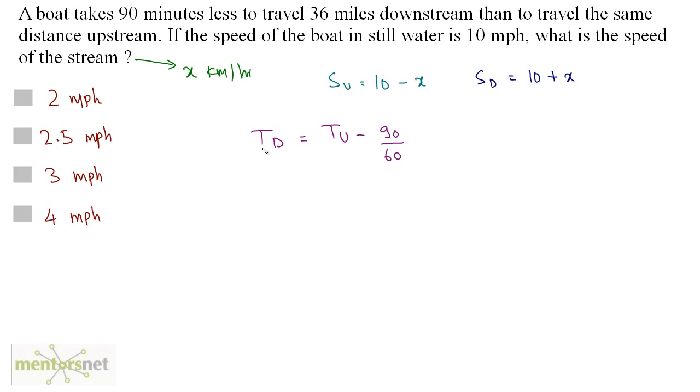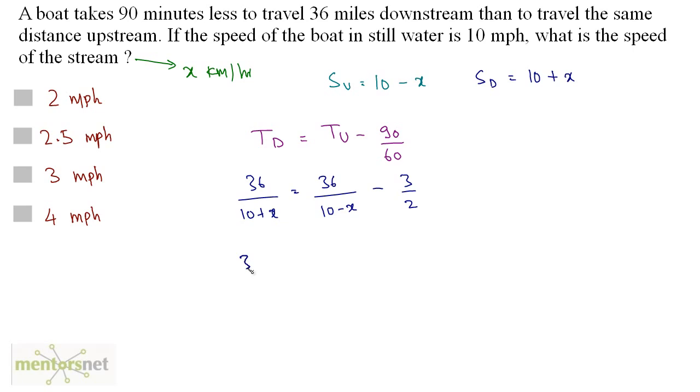So we have the time taken to travel downstream is distance upon speed downstream, right? The distance is 36 upon speed downstream is 10 plus x. It is equals to TU, 36 by upstream speed, that's 10 minus x, minus 3 by 2.